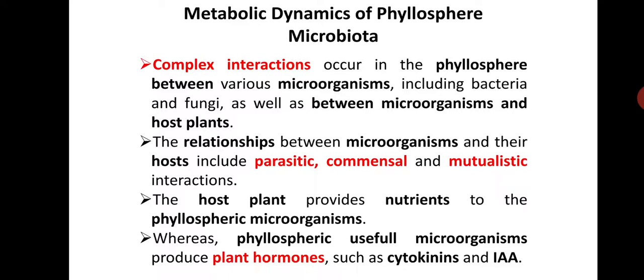Not only among microbes, they are also interacting with the host plant. This complex relationship between the microbes and host may be parasitic, commensal, or mutualistic; all sorts of interactions are observed. In return, the host plant provides nutrients to those microorganisms, so this is a kind of mutualistic or symbiotic association.